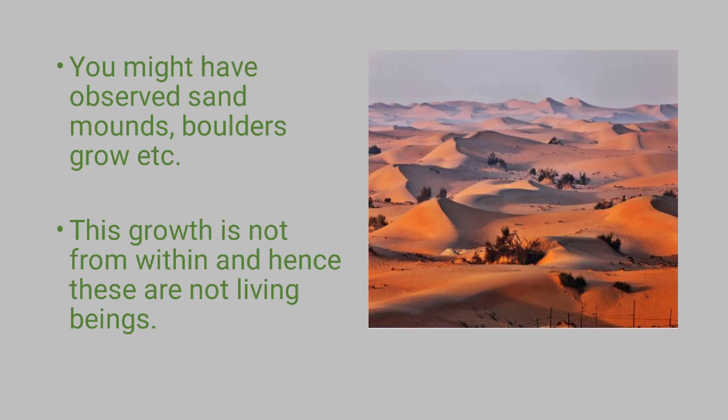So growth is not the defining character of living organisms. That means growth occurs in living as well as non-living, but in living organisms intrinsic growth occurs, and in non-living, extrinsic growth occurs. So this is not the defining character of living organisms.